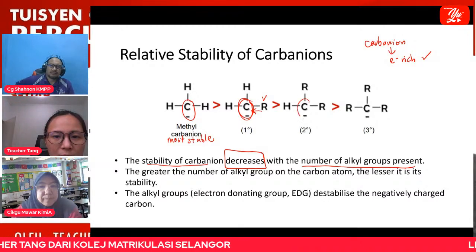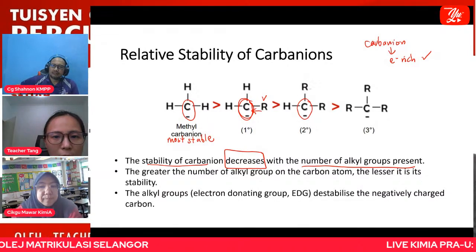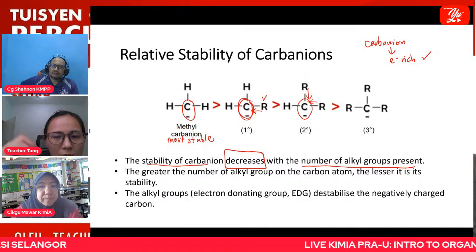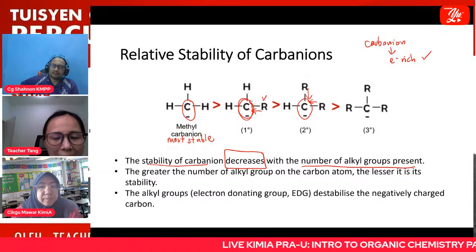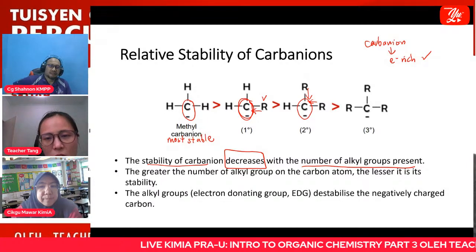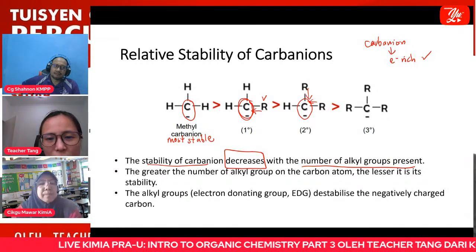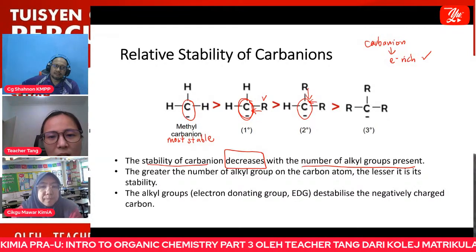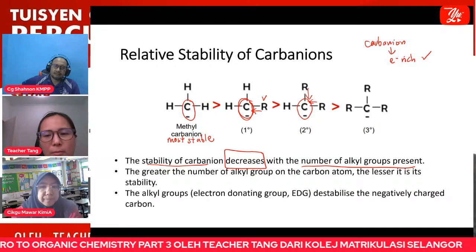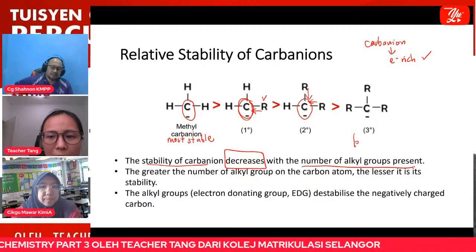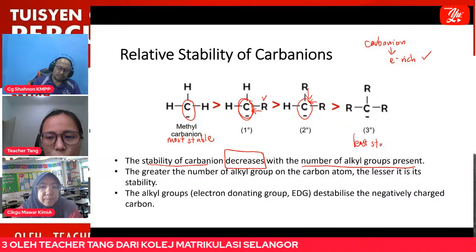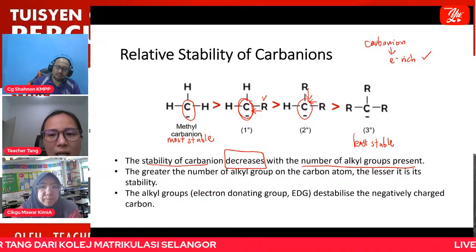For the secondary carbanion, two alkyl groups give electrons to the carbon that carries the negative charge, making the secondary carbanion even less stable compared to the primary. And the least stable will be the tertiary carbanion.